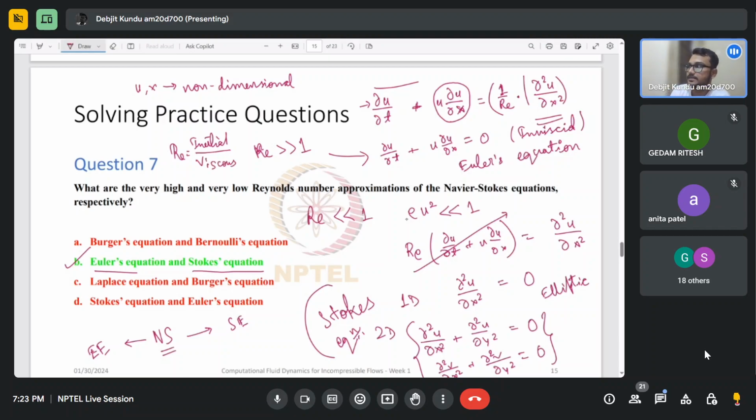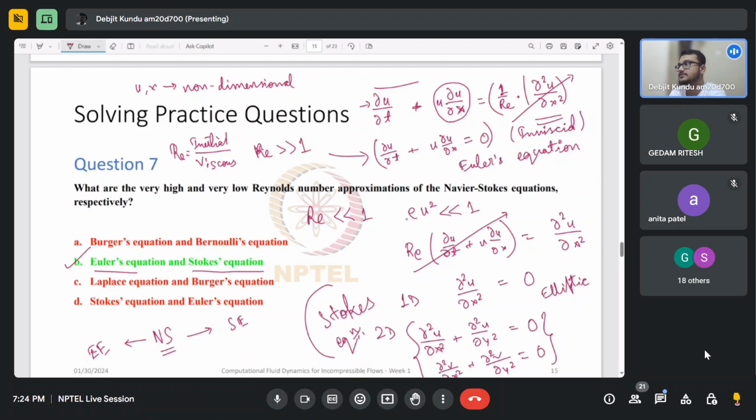And Reynolds number being very high means inertial forces are much higher than viscous forces. So that's why we can ignore the viscous forces from the problem. And equation wise, we remove the viscous term from there. And that approximation is known as Euler's equation. So this is the Euler's equation.